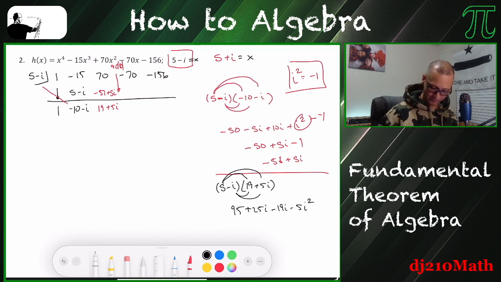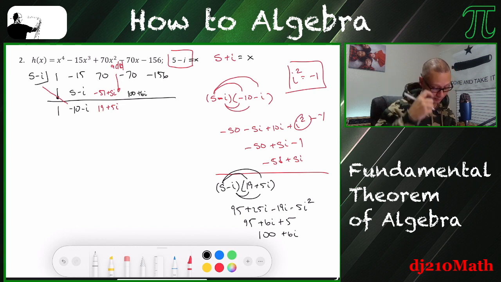Okay, combining like terms, 95 plus 6i, and then i squared is negative 1, so it's going to change the sign. So we're going to get 100 plus 6i.